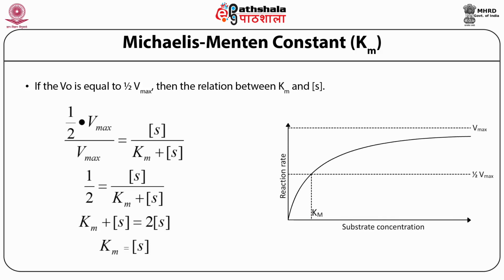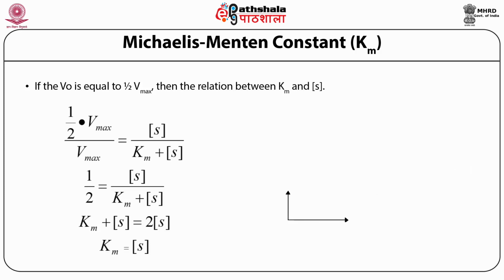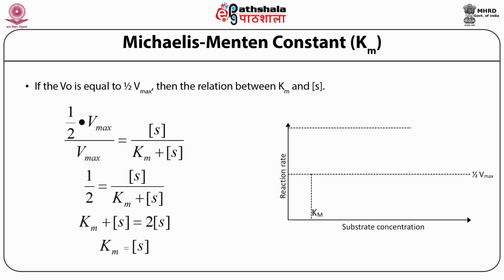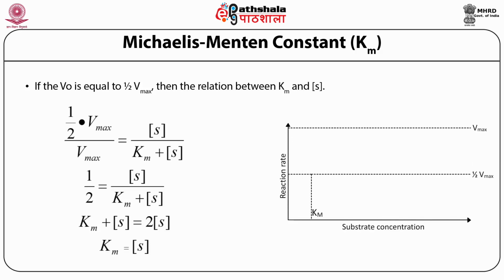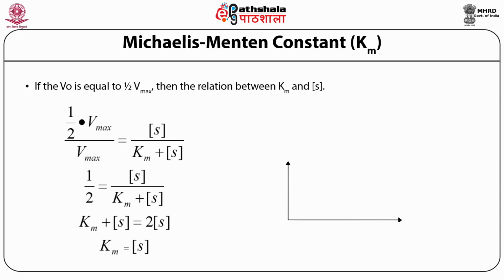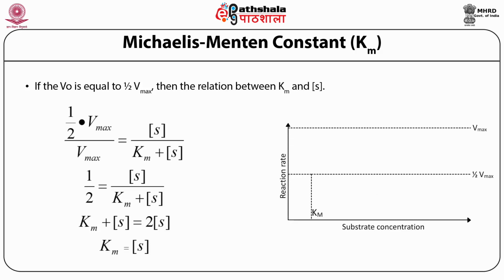If you rearrange this equation, you get another relation where Km equals substrate concentration. In this way, if the initial velocity is half of Vmax, then Km equals the substrate concentration. In other words, Km is basically the substrate concentration required to achieve half of Vmax.